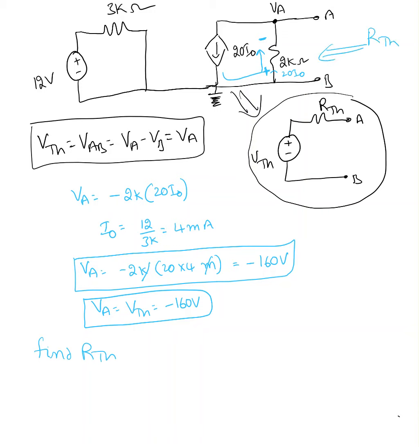While finding RAB, in this case R Thevenin is nothing but RAB, replace all independent sources with their internal resistance.